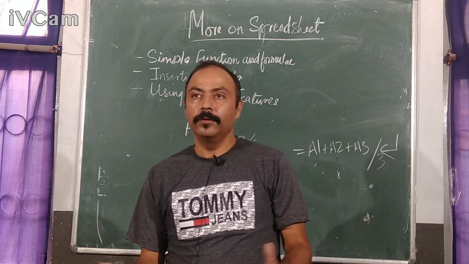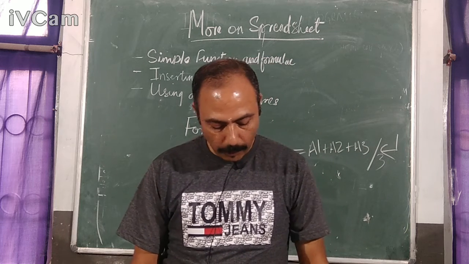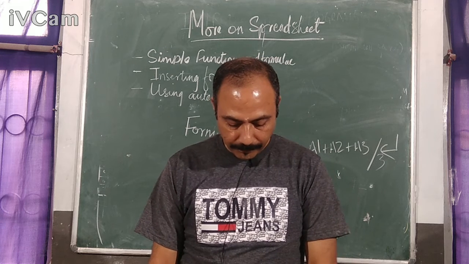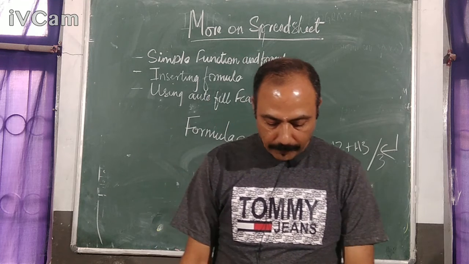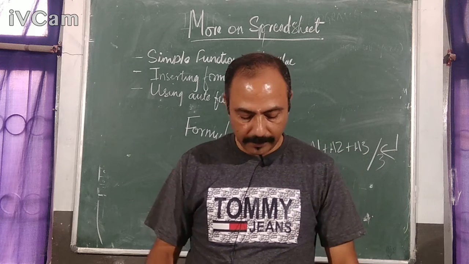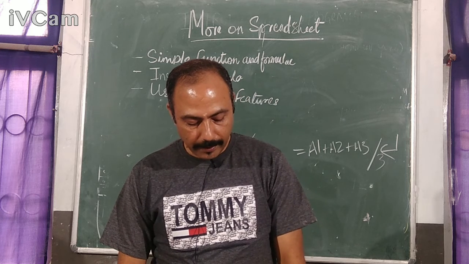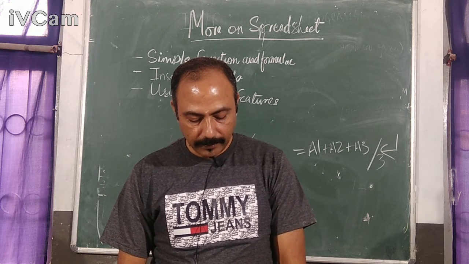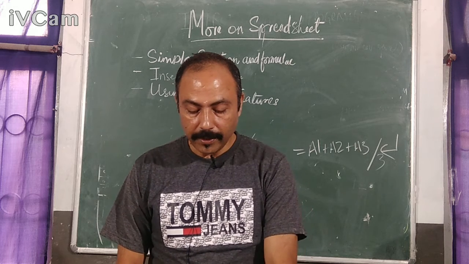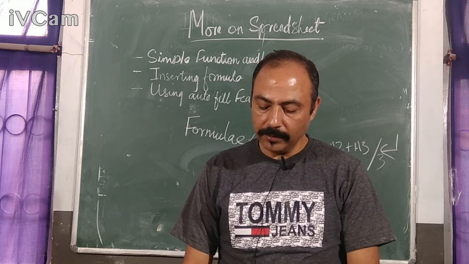Select the cell where you want to store the result of the operation, where you want to show the result. Select the formula bar, enter the formula, and within the parenthesis, enter the addresses of the different cells whose sum you want. You can see the selected cells highlighted in different colors.